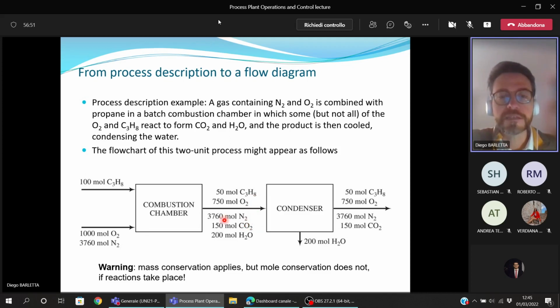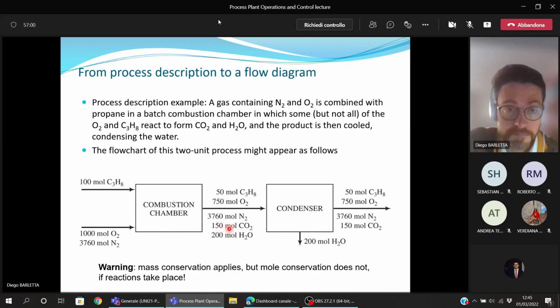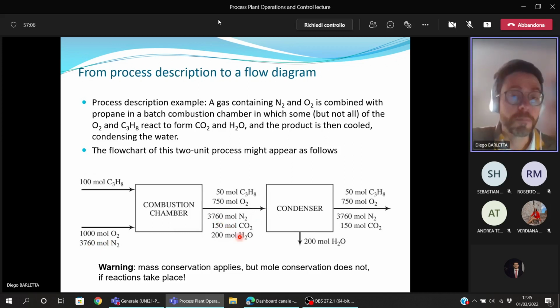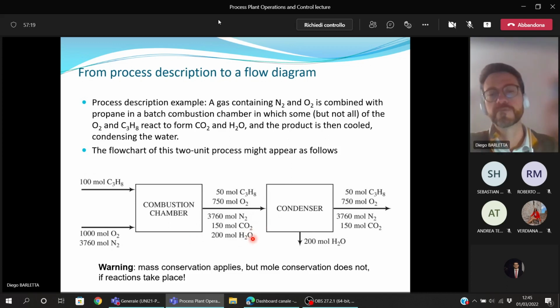Nitrogen instead is the same quantity entering. We will find it again in the stream leaving, because nitrogen is an inert compound. It's not taking part in the chemical reaction. And then we have the products. The products are carbon dioxide and water from the oxidation of propane.